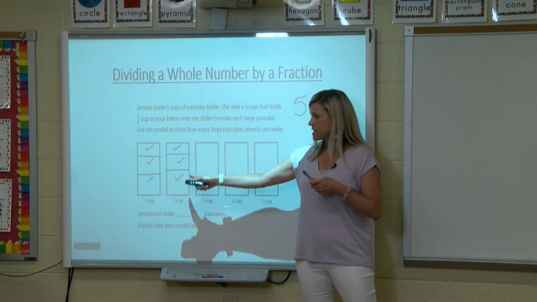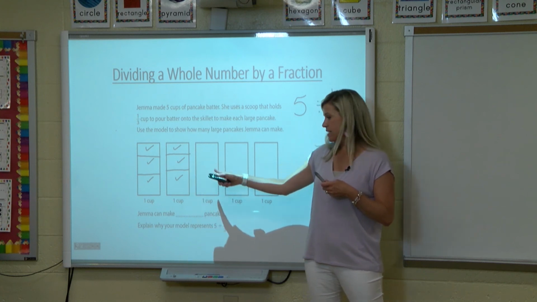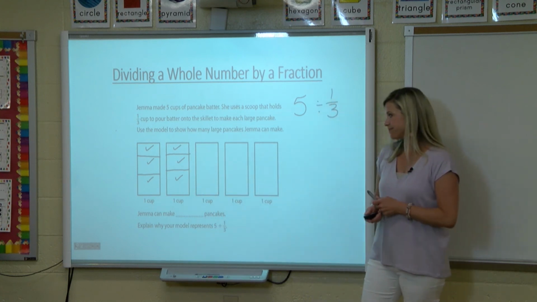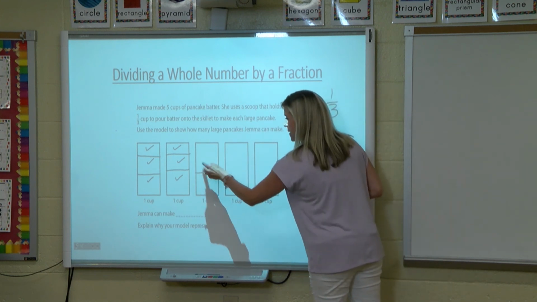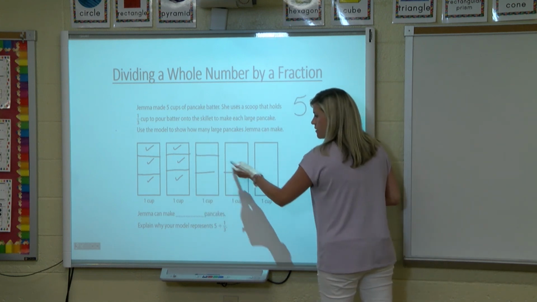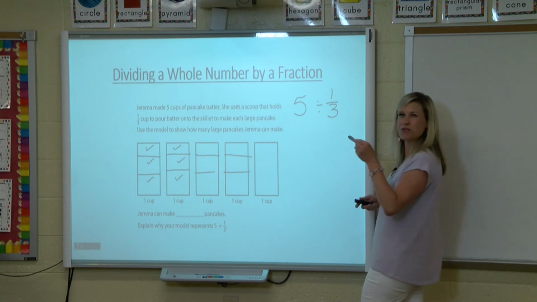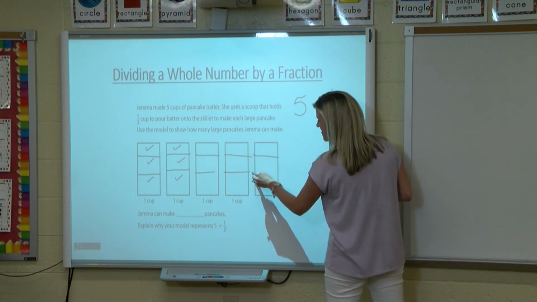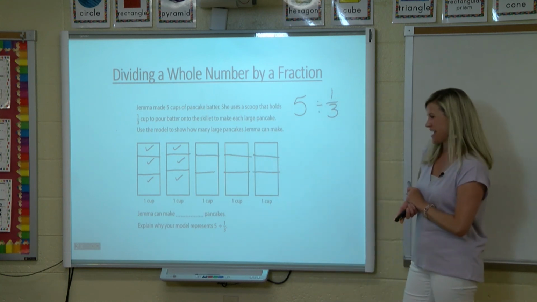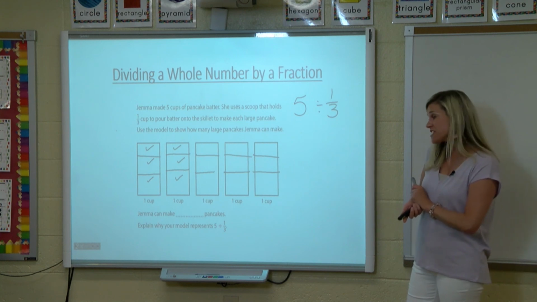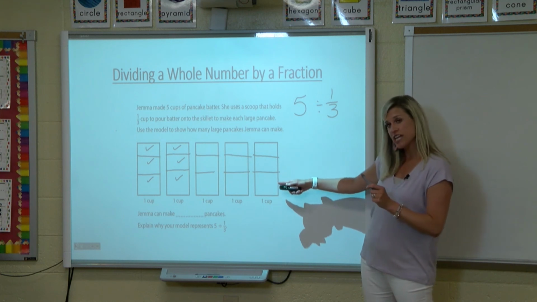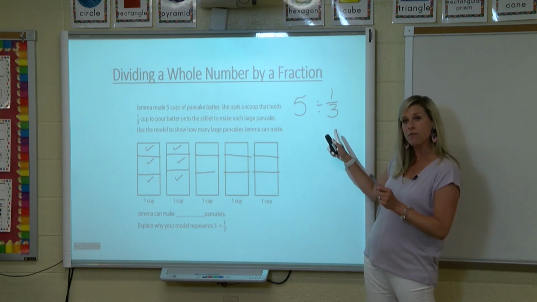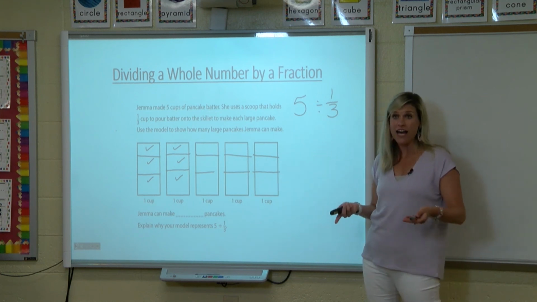3, 6, think about the next cup. There'll be 3 more, right? Yeah, so 9 pancakes, 3 more, 12 pancakes, and then 3 more, 15 pancakes. So she can make 15 pancakes because each pour that she has with her 1/3 cup makes a pancake, and she has 5 cups.